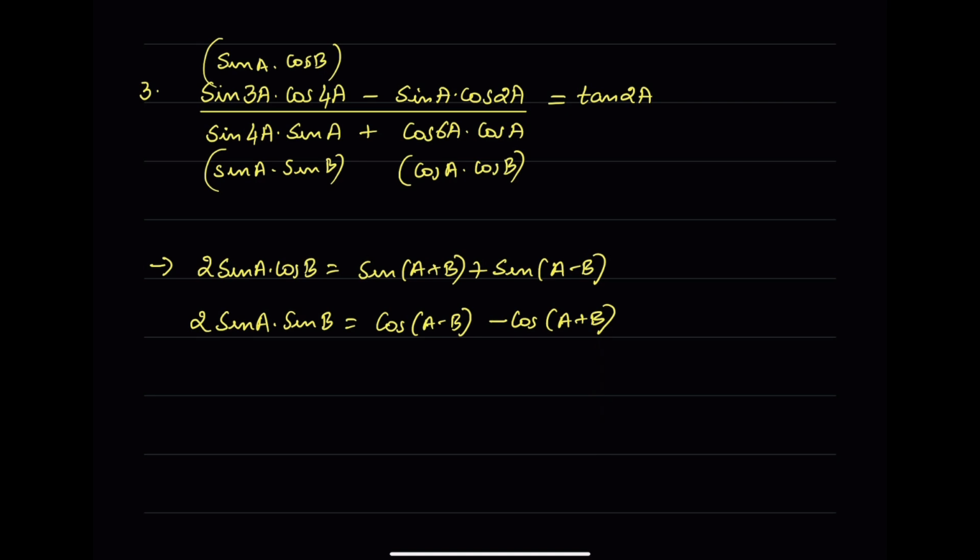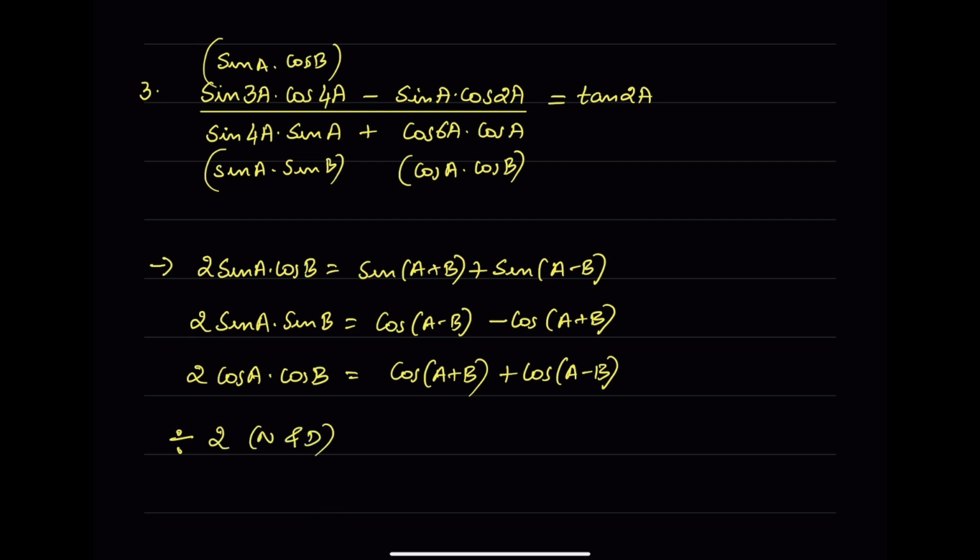And the last formula which we are going to use is 2 cos a cos b is equal to cos of a plus b plus cos of a minus b. Now let's divide and multiply the numerator with 2 so that we can apply these formulas.